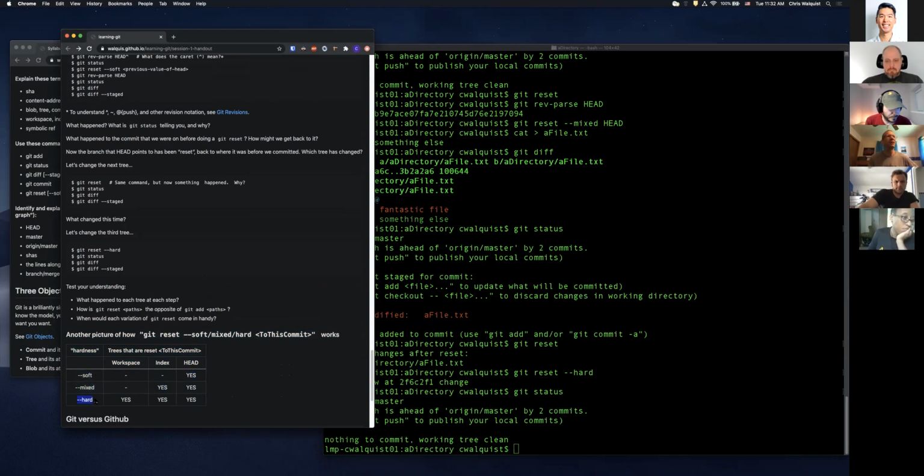And if you do hard, all three of workspace, index, and head are changed. That's another way of thinking about it. So the two takeaways for Git reset are you have to tell it how hard you want the change to be and where you want to reference to. What do you want to change it to?